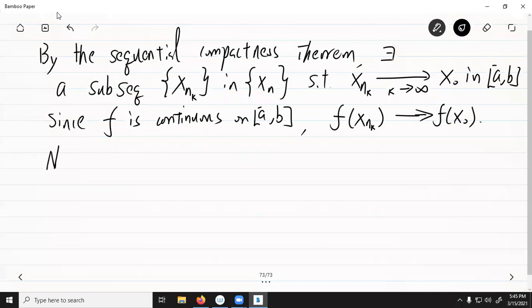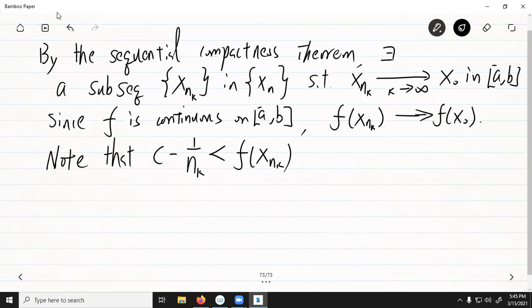On the other hand, we note that Xn sub k, being a subsequence, is a member of Xn, so F of Xn sub k must also satisfy these inequalities. We just replace n with n sub k.